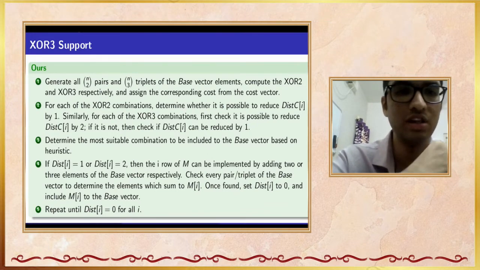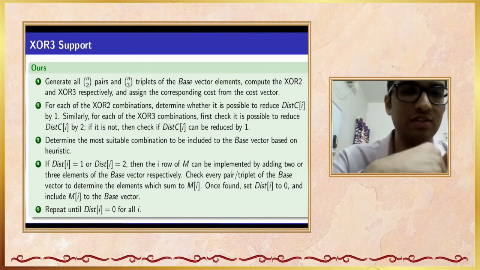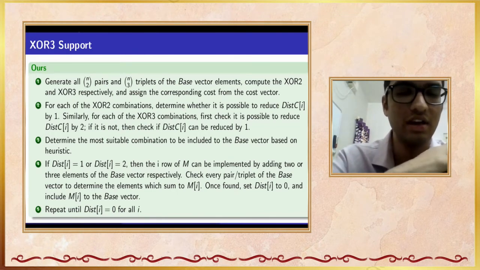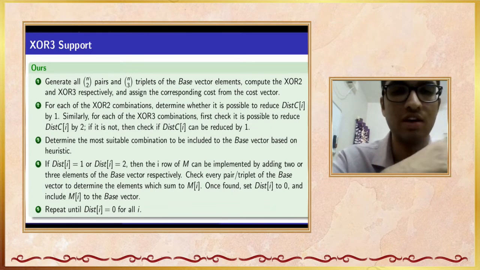So unlike the original version, the heuristic now also takes into account the relative cost of XOR3 in the logic library. So once this is complete, we then add the combination to the base vector and then look for all elements in the dist vector which are either equal to 1 or 2. So the elements equal to 1, that means that particular row in the matrix can then be implemented using one XOR2 operation involving a pair of elements of the base vector.